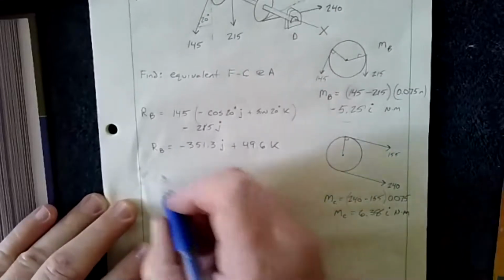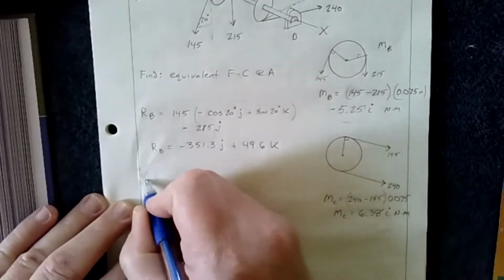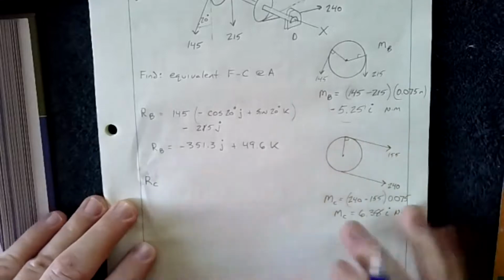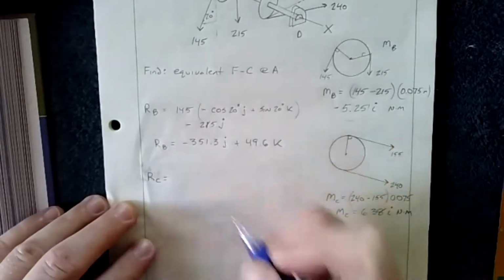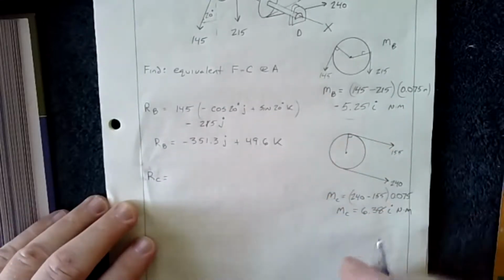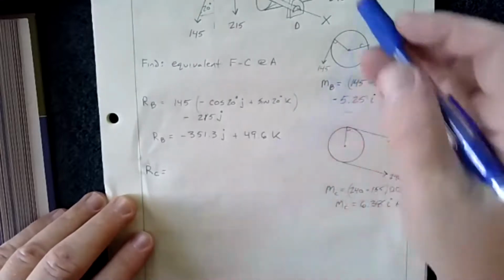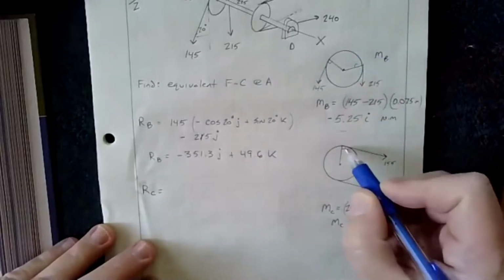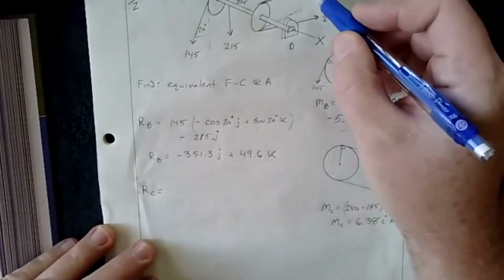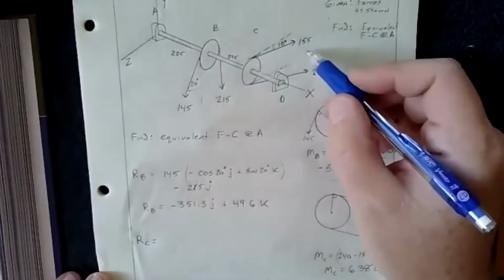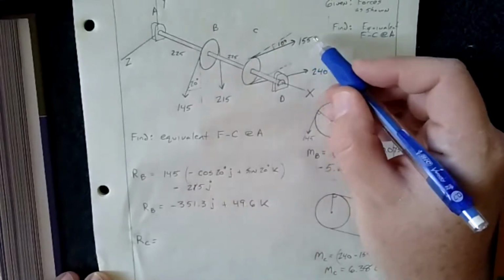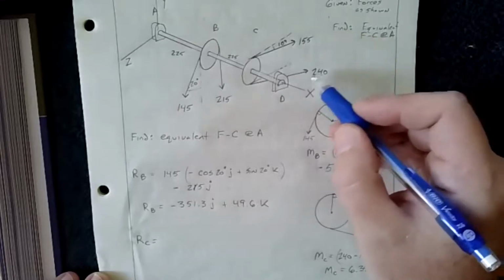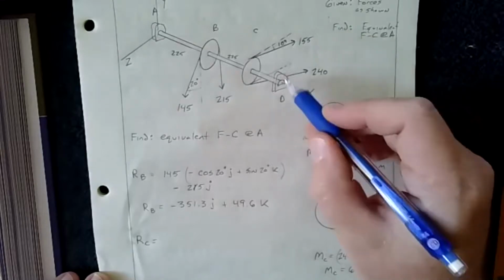So RC is going to be equal to, if you think about RC, 155 newtons going in the negative z direction. We also have 240 going in the negative z direction, and they're both at the same angle.